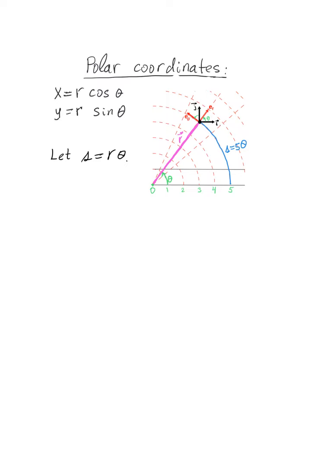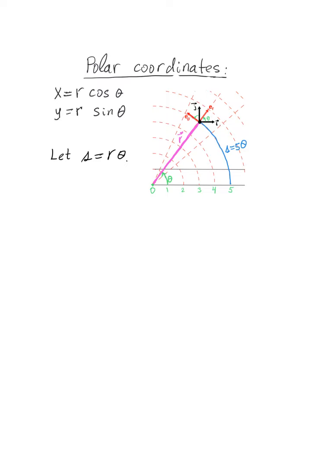Okay. Now, in addition, we are going to look at the length of the arc that connects the given point, the length of the arc along the circle of radius r from theta equals 0 to our point.